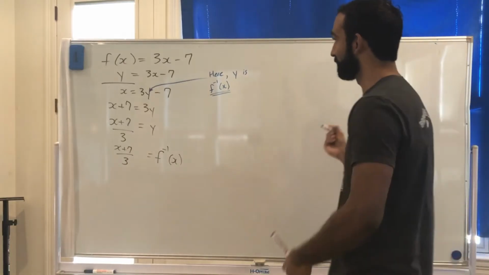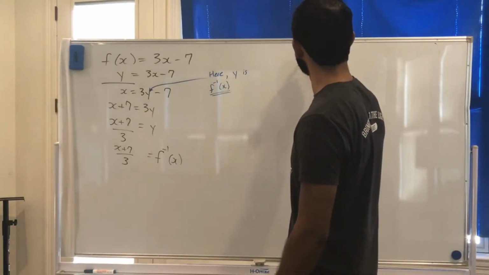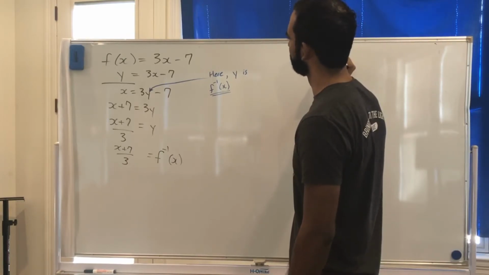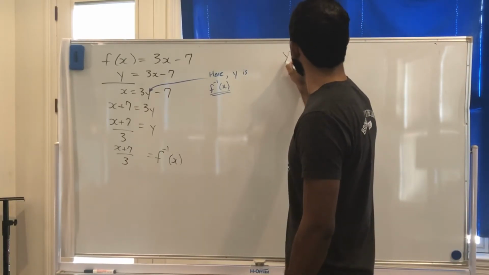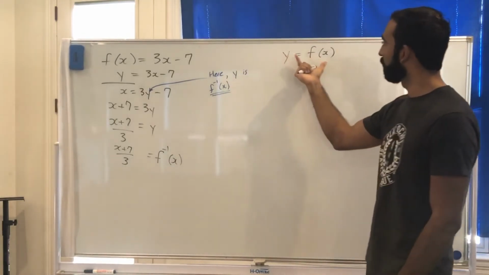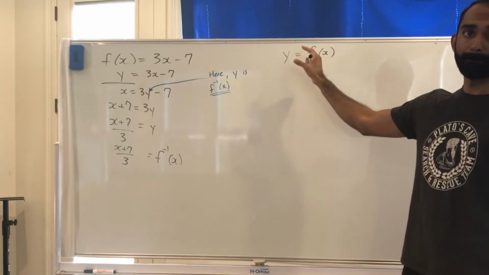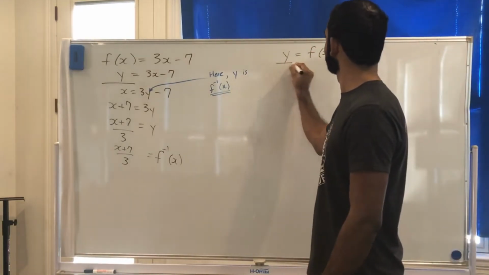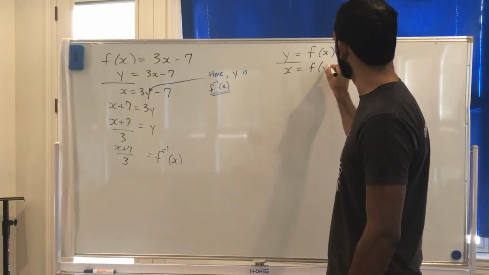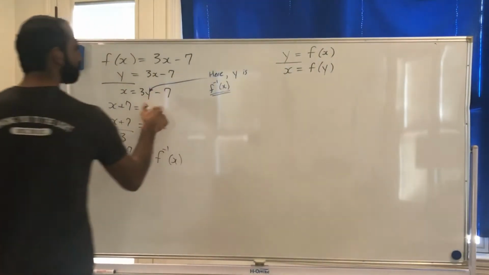So in general, generalizing this, what you do is, let's see here. If we have some function y equals f of x, what we just did is we took the y and the x and flipped them. X equals f of y, and then we solve for y.